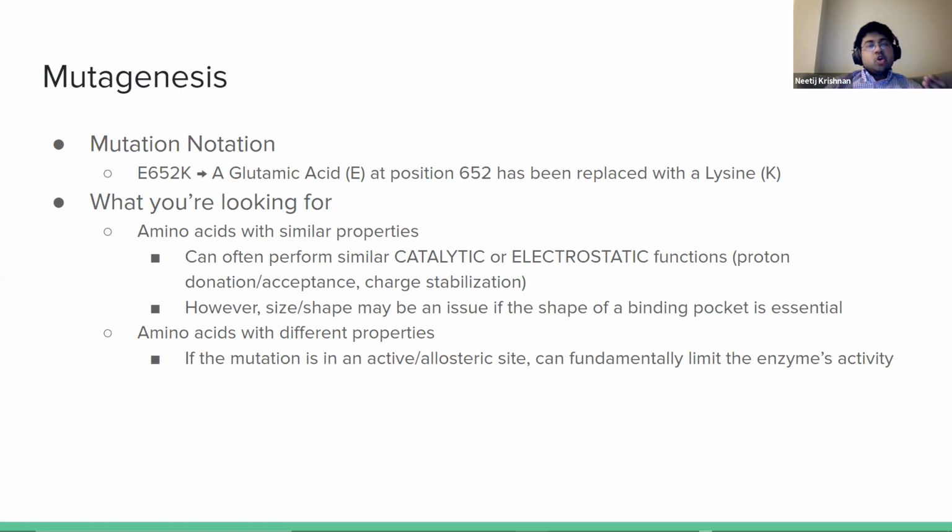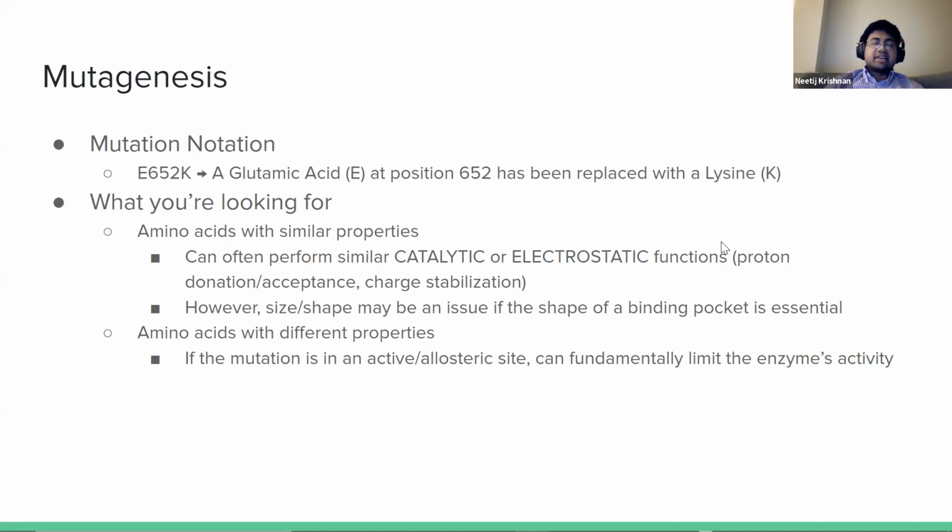And so when you're asked to judge what a mutation might be doing, you're comparing the amino acids. If the amino acids have similar properties, maybe they can perform similar catalytic or electrostatic functions. If a glutamic acid is usually negatively charged, maybe it is stabilizing a positive charge in a substrate.